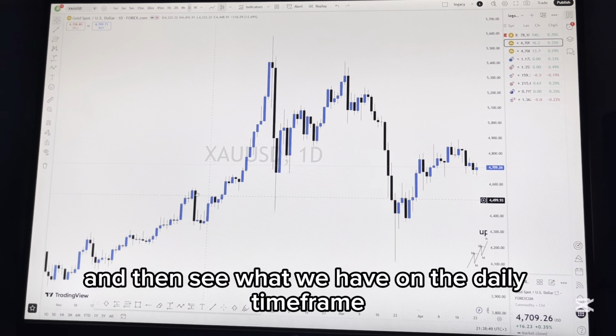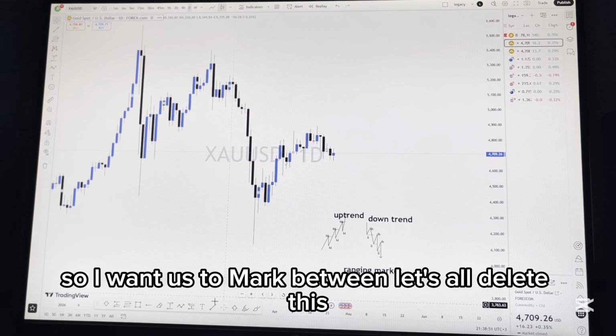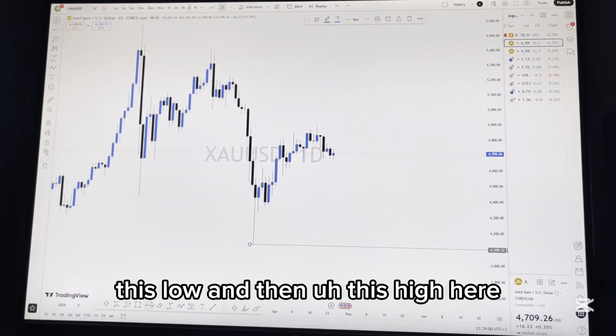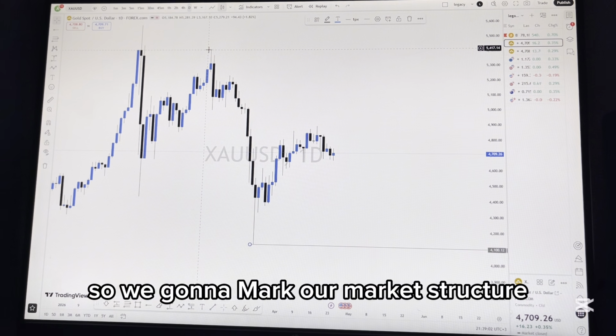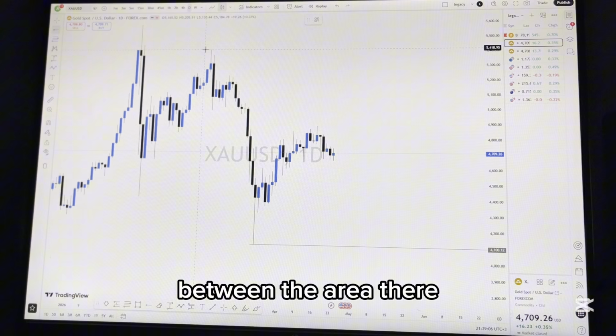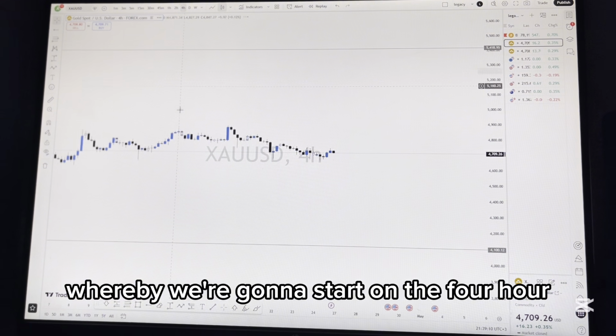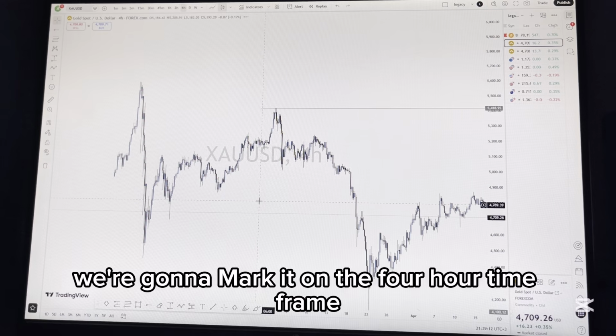Let's delete this. I want us to mark between this low and this high here. We're going to mark our market structure between that area, starting on the 4-hour time frame.